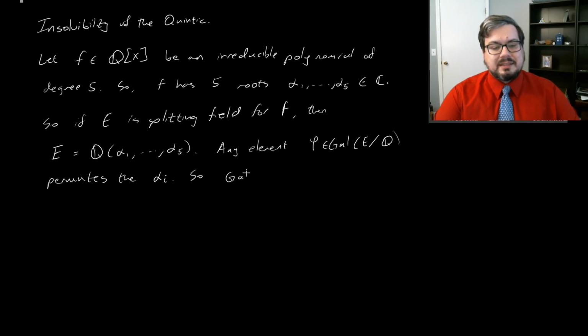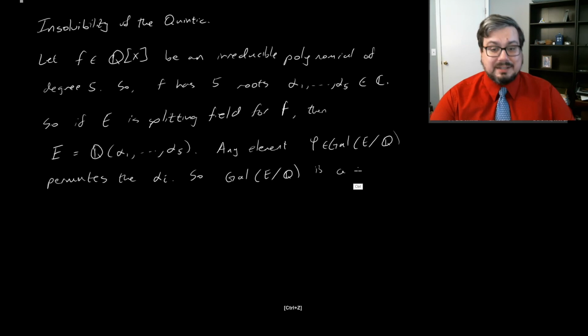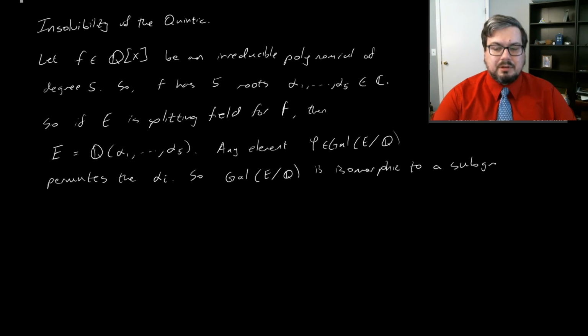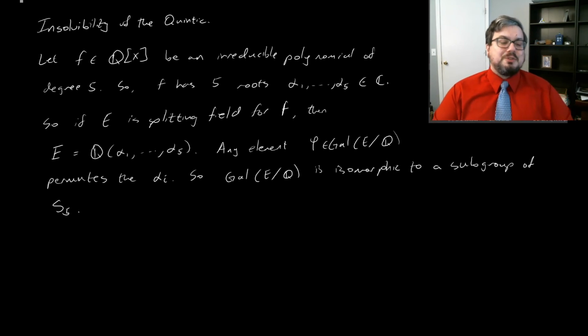So this means that the Galois group of E over Q is isomorphic to a subgroup of S5, the set of permutations on 5 elements.